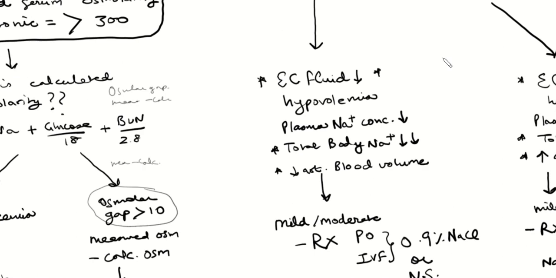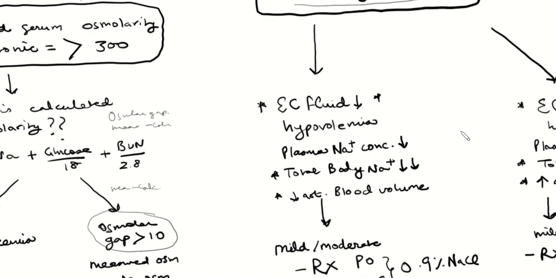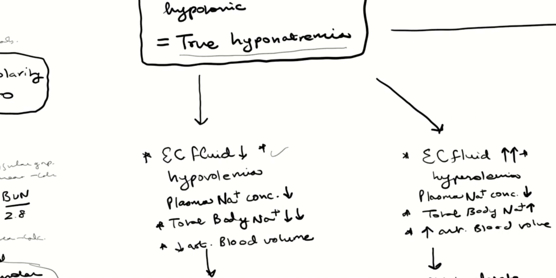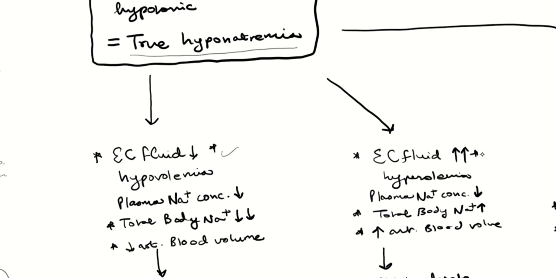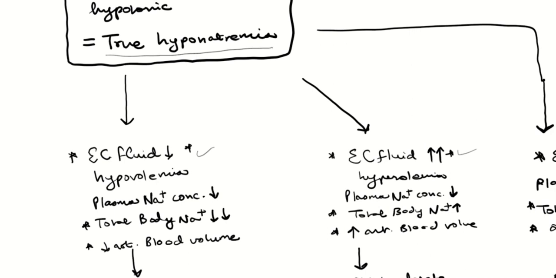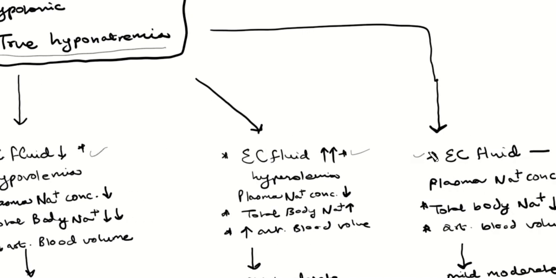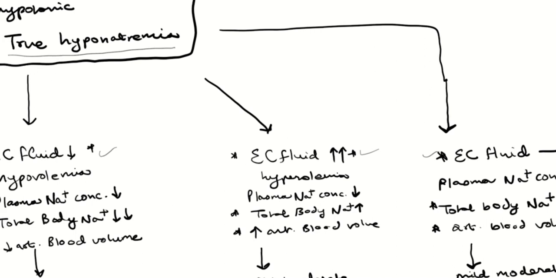I'm going to first consider what my fluid status is. Step 1. Okay? So I have 3 choices. My fluid status, I could be low, okay, you with me on this? I could be high, okay, or I could be normal. Okay, so that's the first thing to check.